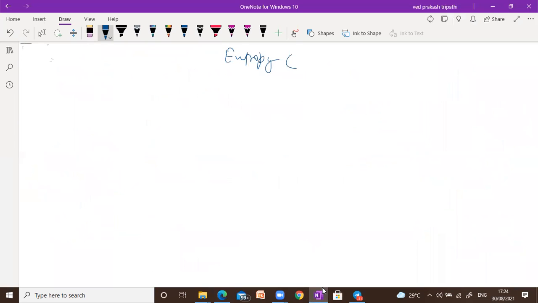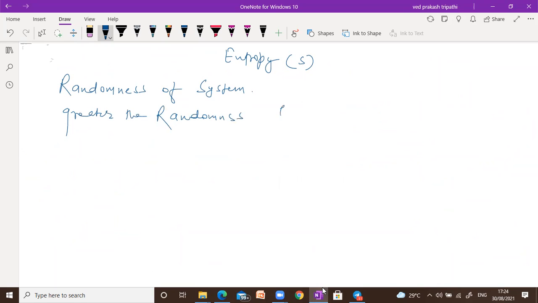Entropy is represented by S, and it is the randomness of the system. Greater the randomness, higher will be the entropy.